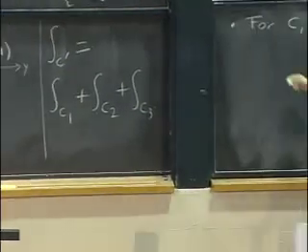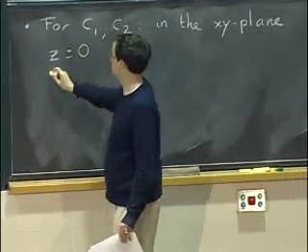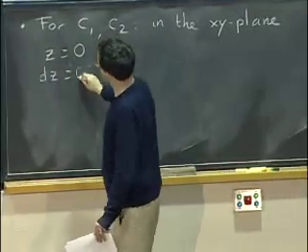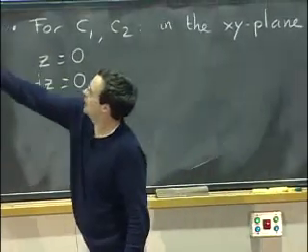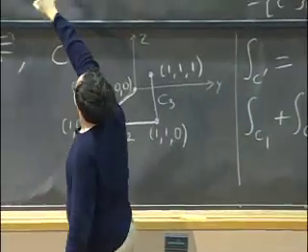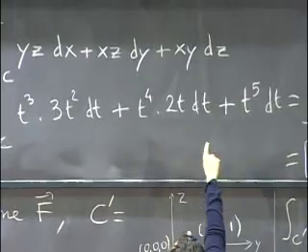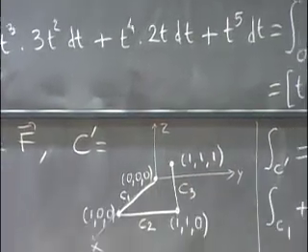So, in fact, you know that z will be 0. And dz will also be 0 on both of these. And if you just look at the formula for our line integral of yz dx plus xz dy plus xy dz, well, if you plug z equals 0 and dz equals 0, you'll just get 0.